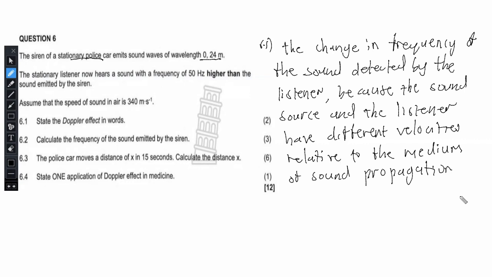So that's it. The change in frequency of the sound detected by the listener, because the sound source and the listener have different velocities relative to the medium of sound propagation. And that's how you have it. Right, so for 2 marks, you are supposed to define it exactly like that.